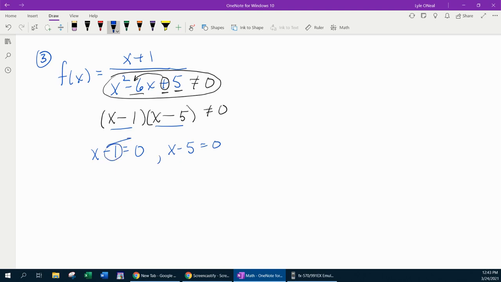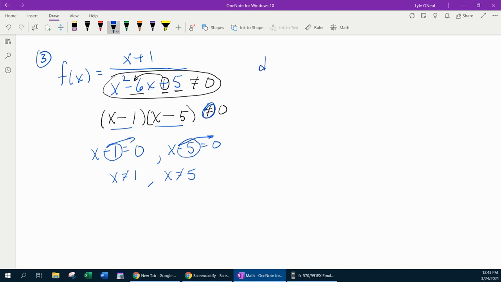So moving the -1 over gives us x equals 1. Moving the -5 over gives us x equals 5. And remember that these are the values that x can't be. So x equals 1 and x equals 5 means that x actually cannot be those.